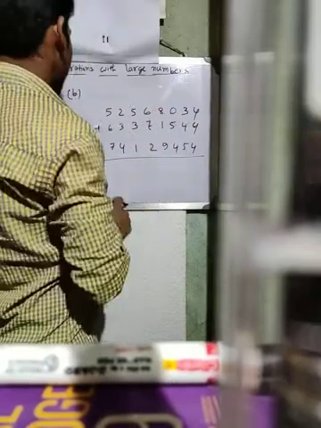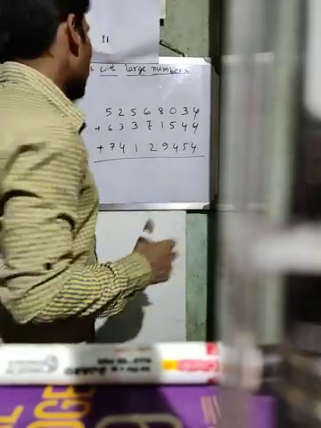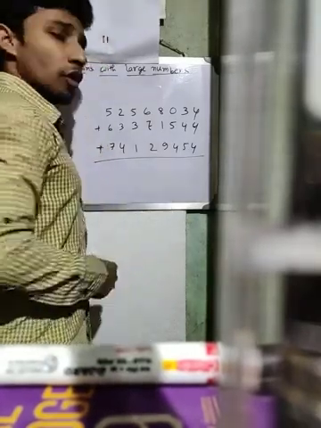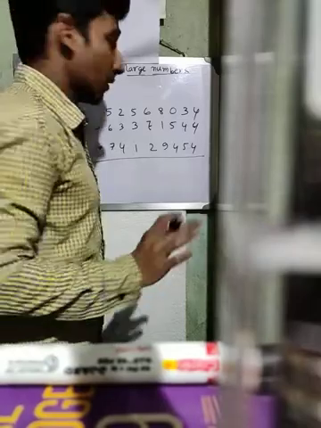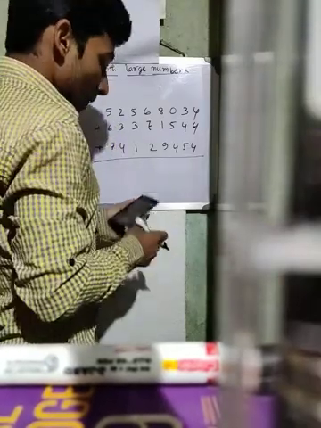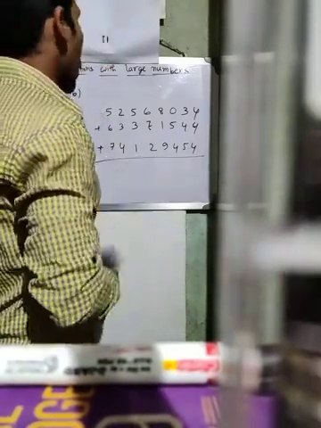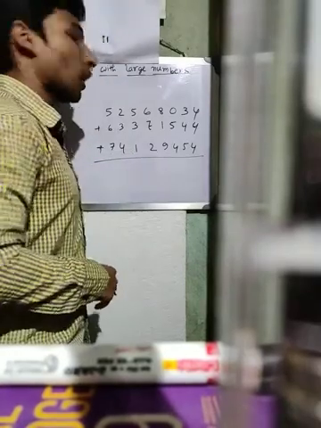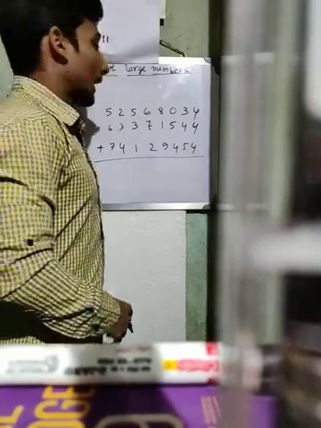This is the Indian system, which I normally use. Now you have to add this. Before adding, you have to know about the carry. I hope you all know about the carry.